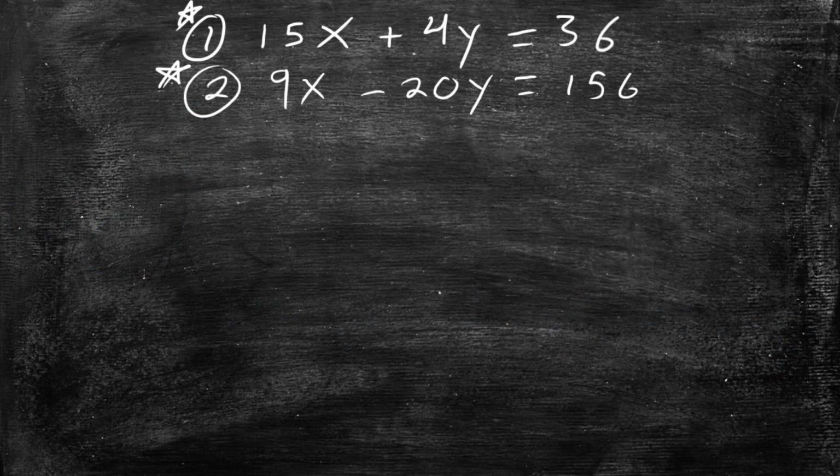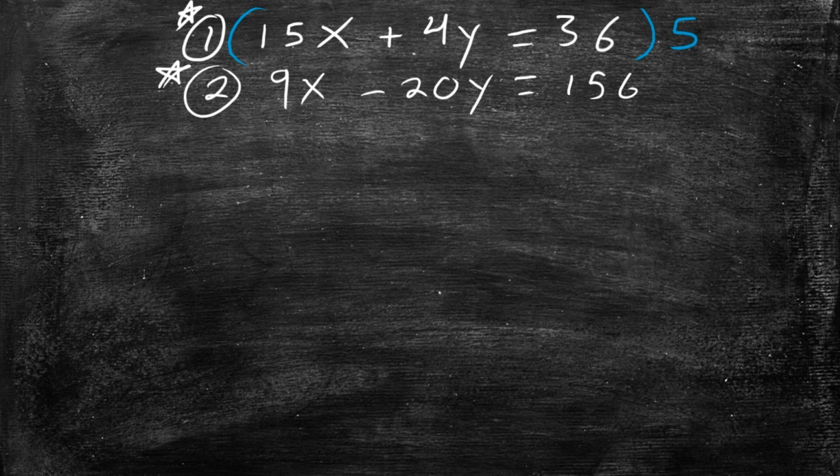So now that we have our equation simplified, what we want to do is try to eliminate one of the variables. And when we're looking at this, we can eliminate the y's here by multiplying equation 1 by 5. So let's go ahead and multiply the top equation by 5, and let's see what we come up with.